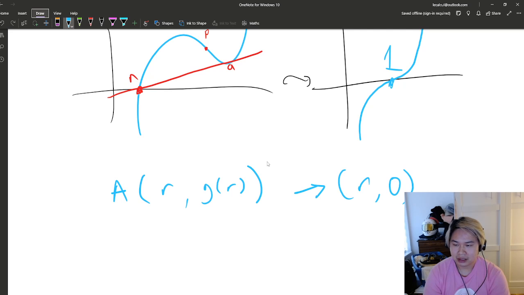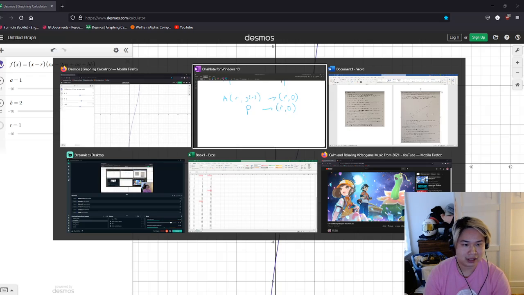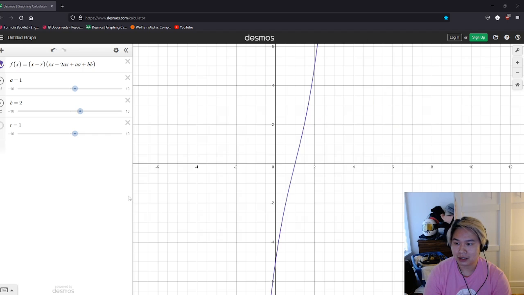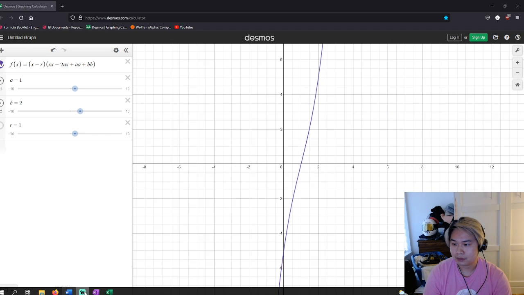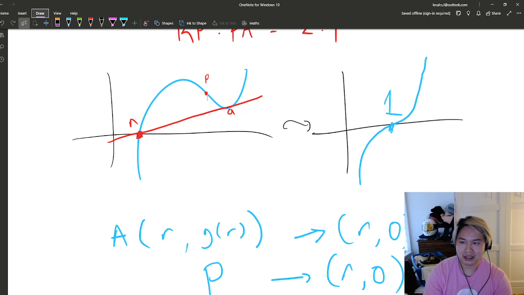And then also the inflection point becomes the same point as well. So this is R and 0, I think. Let me scroll up in case my camera is covering what I'm writing. Basically all three of these points, if A goes to R, they will all become here.